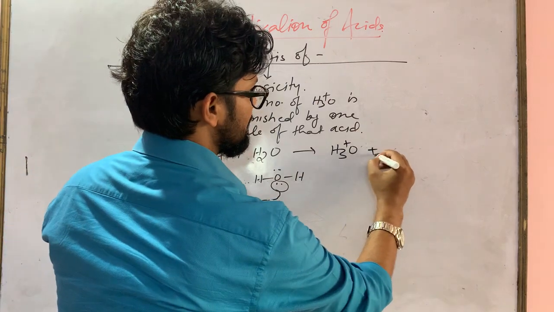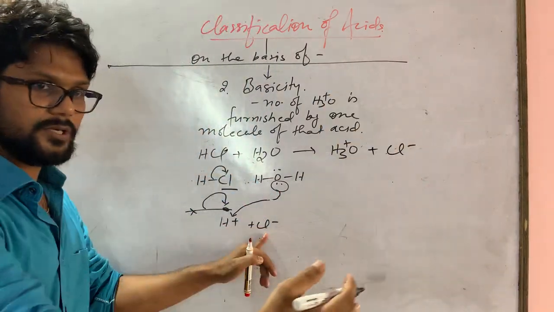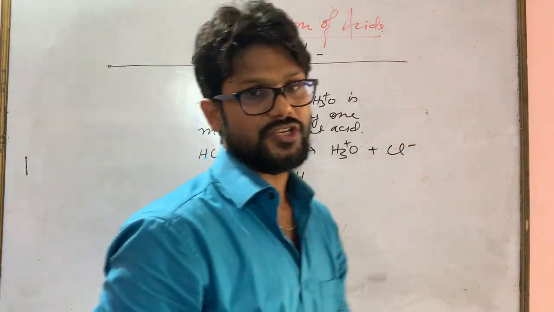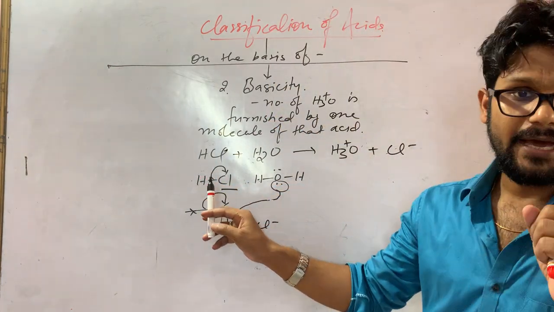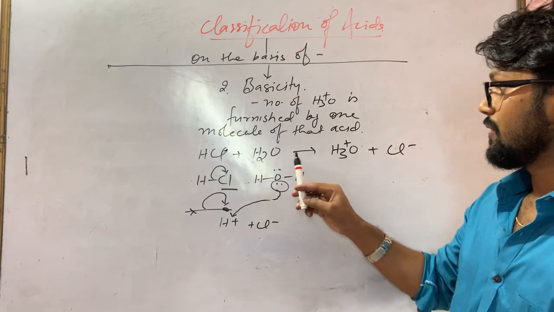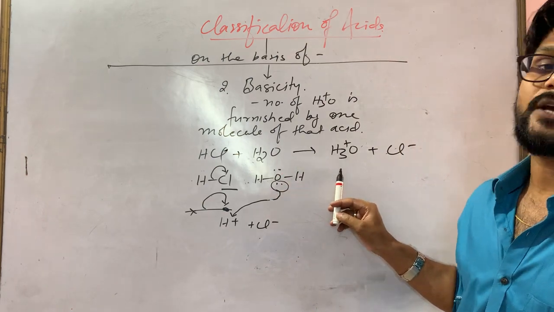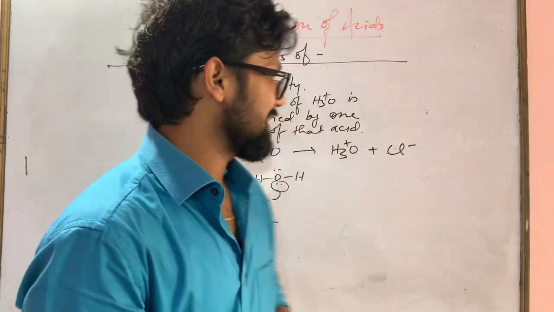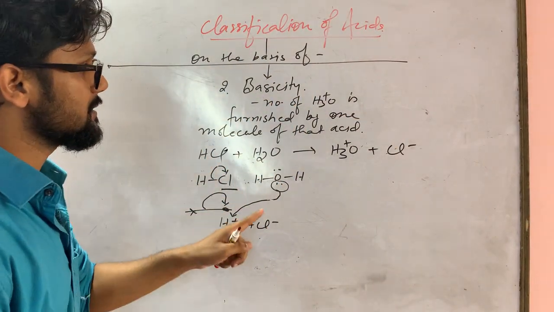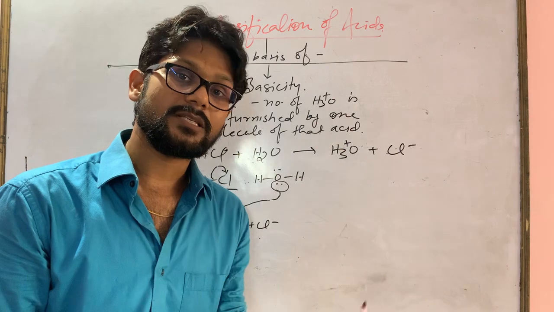And here Cl minus is going out. So you can see from this reaction, in HCl there is one ionizable hydrogen. This is why it gives one hydronium ion. It means we can say that HCl is a monobasic acid.